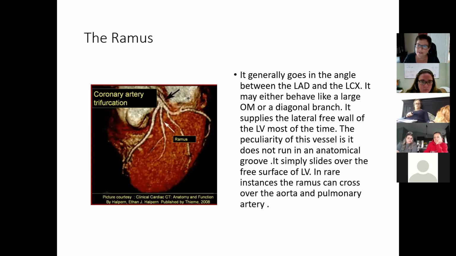And it usually supplies the lateral free wall of the left ventricle most of the time. Most of the time, it doesn't fit into a groove like the other coronary blood vessels. It simply kind of sits on the free surface of the left ventricle. And sometimes, in rare cases, it can cross over the aorta and the pulmonic artery.